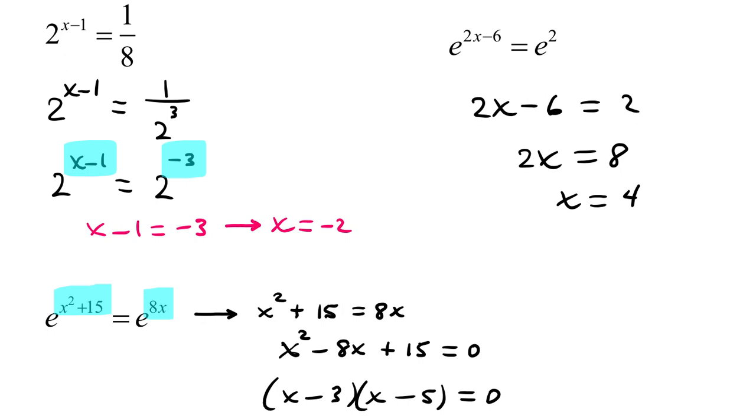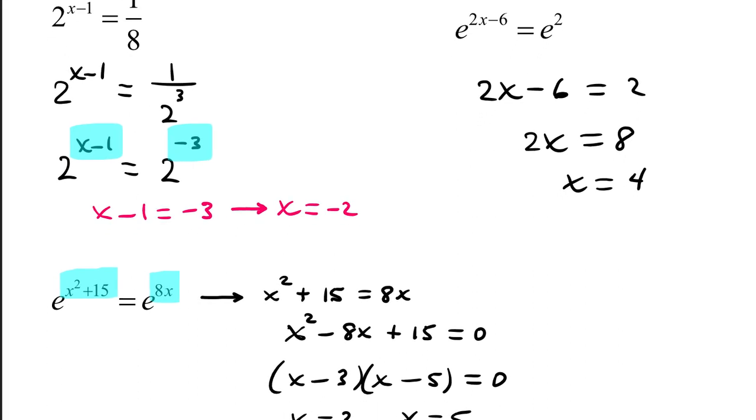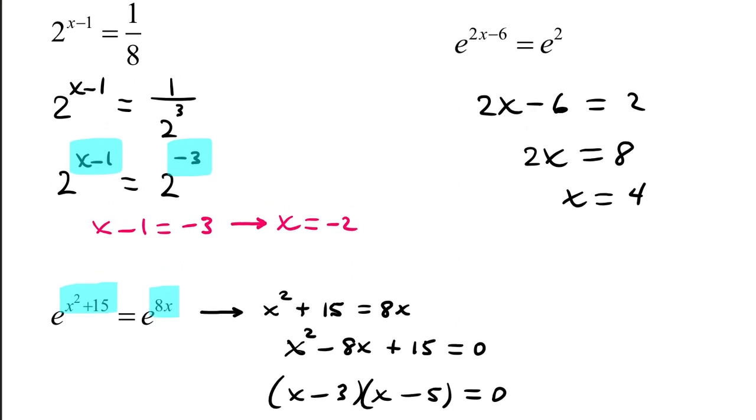Upper right example, and it's going to sound really weird, but in math, we have a number represented by e. So this base number e is legitimate. E to the 2x minus 6 power equals e squared.